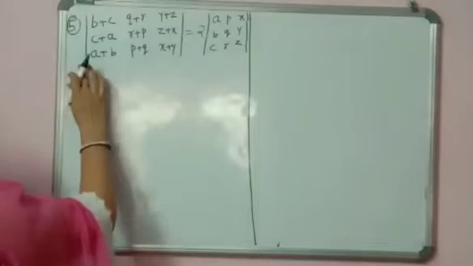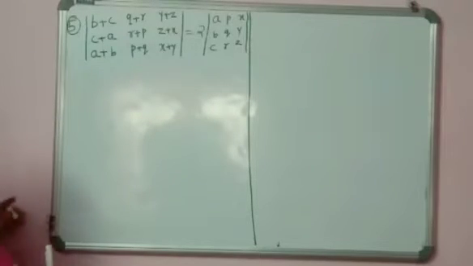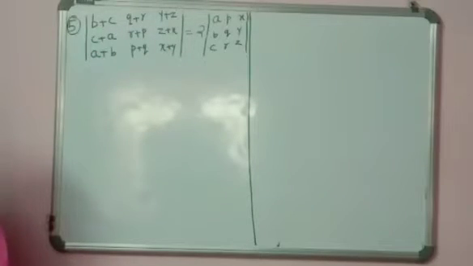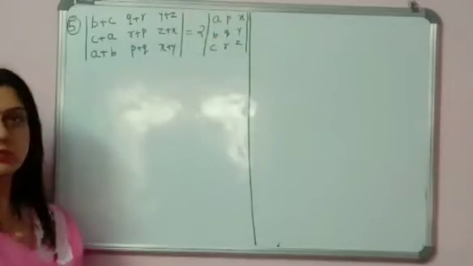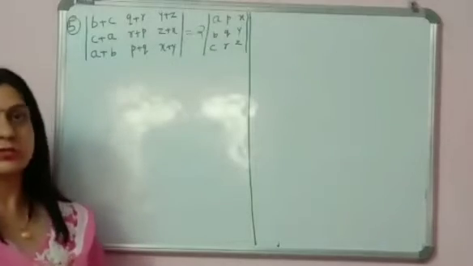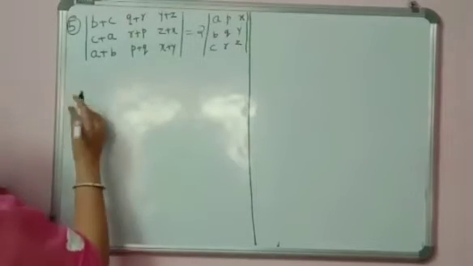So question number 5 is this. In this question you will observe this thing that here in each row and each column it is a sum of two terms, but finally you are getting single terms. That means you have obtained this by subtracting some rows or columns. So let us change.